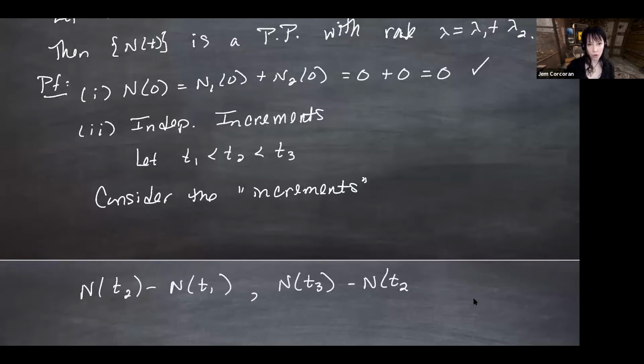These are non-overlapping increments of the process, and they represent the number of arrivals that happened in the time interval from T1 to T2 and in the disjoint time interval from T2 to T3.